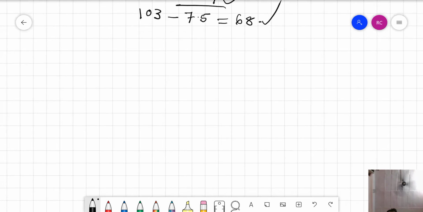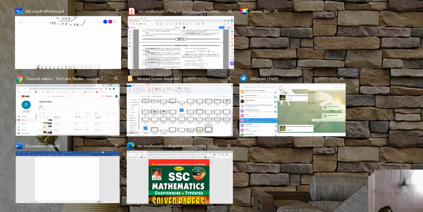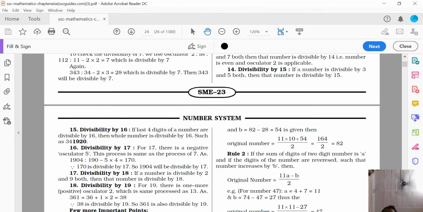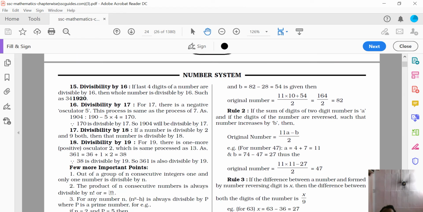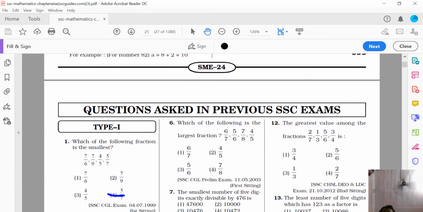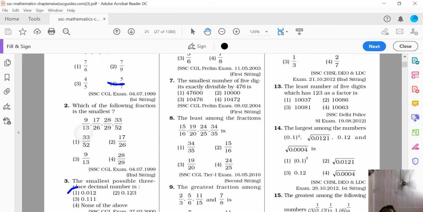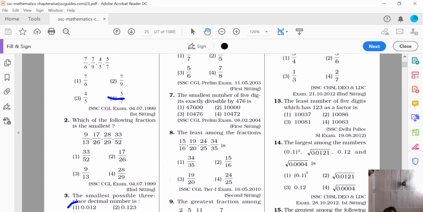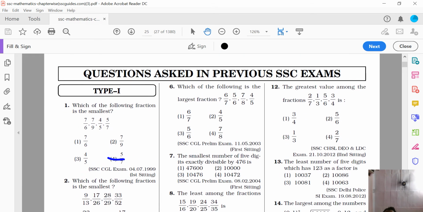Okay, let's take another sum. Let's go to sum number 12, right?